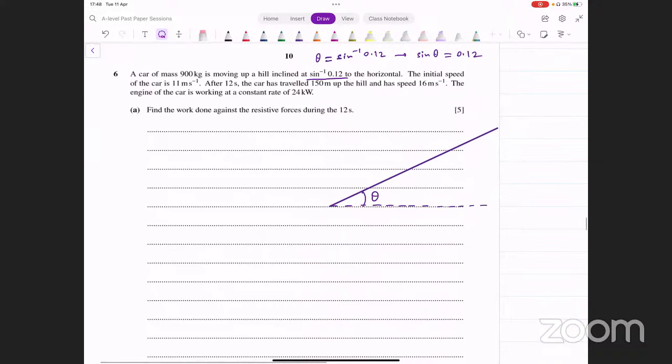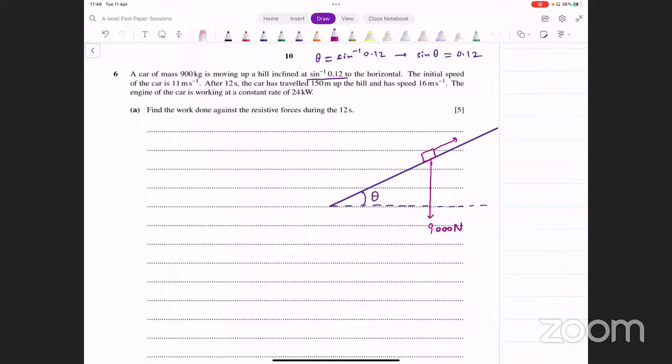A car of mass 900 kg is moving up the hill. My drawing is not very good, so I'll just draw the car as a box. So we have this car, and it's moving up the hill. Its mass is 900 kilograms. That means the weight of this car is 9,000 Newton, acting vertically downwards.